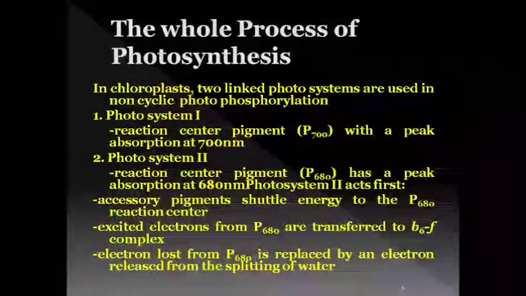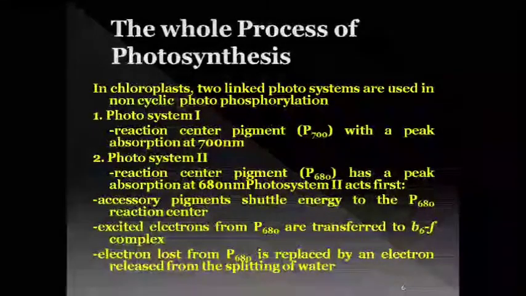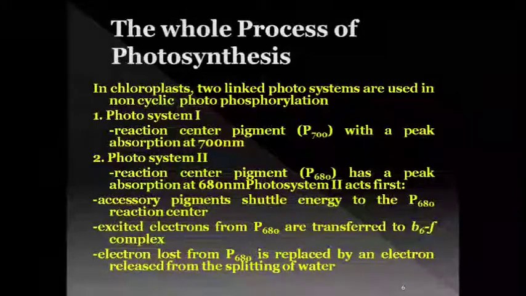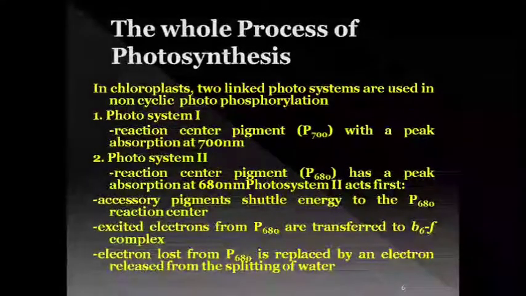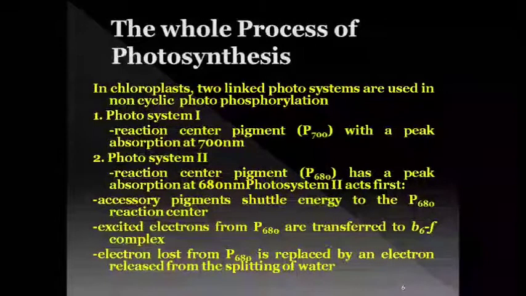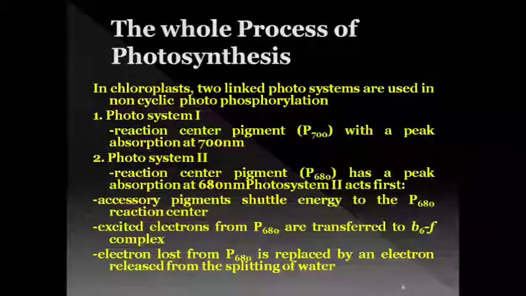The whole process of photosynthesis starts with chloroplast and photosystems. There are two photosystems in non-cyclic photophosphorylation or photosynthesis.